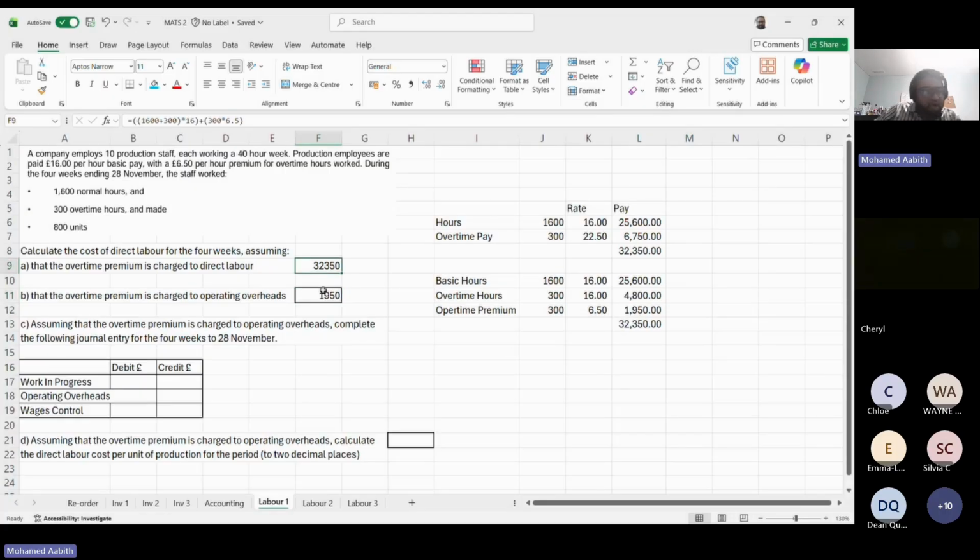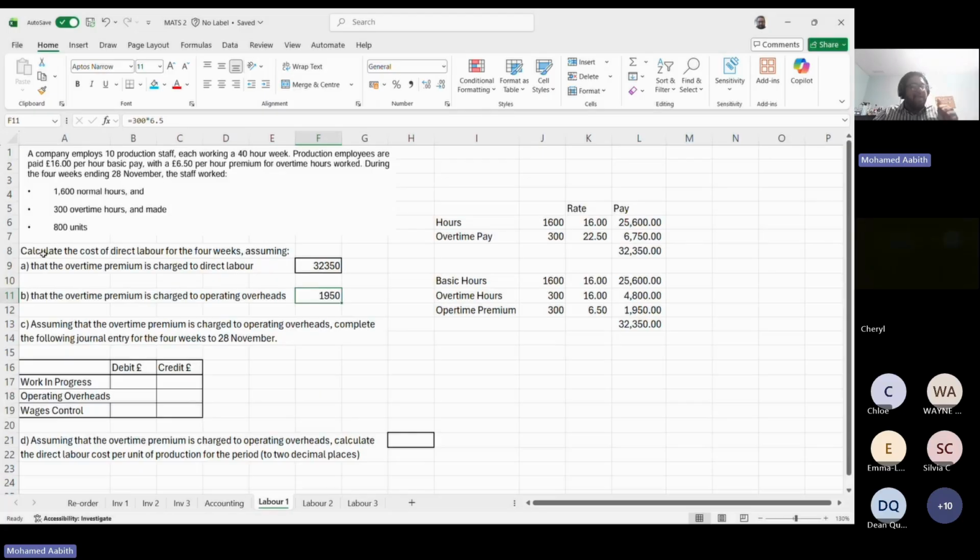This is not what the question asked you. What is the overtime premium charged to the operating overheads? And what is the overtime premium charged to the direct labor? Assuming... So again, I should read my questions very carefully.